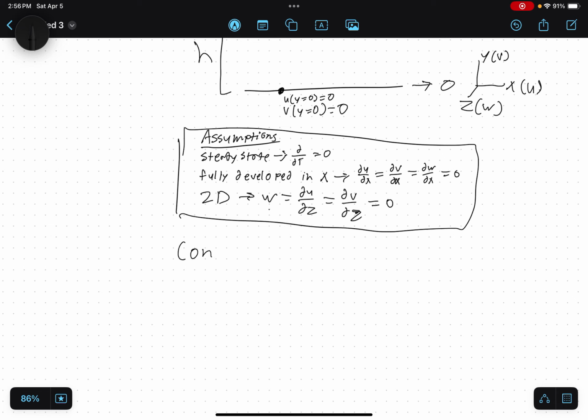Continuity. What is it? It is du dx plus dv dy plus dw dz equals 0.